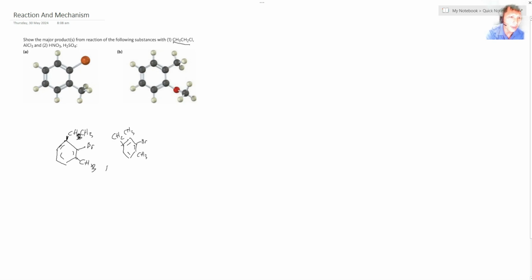So I think there are only three, because there would be one, two, three, four types of products, because attaching your ethyl on the other side is not the same as this. There's actually an explanation for this, where one of them is really not possible.